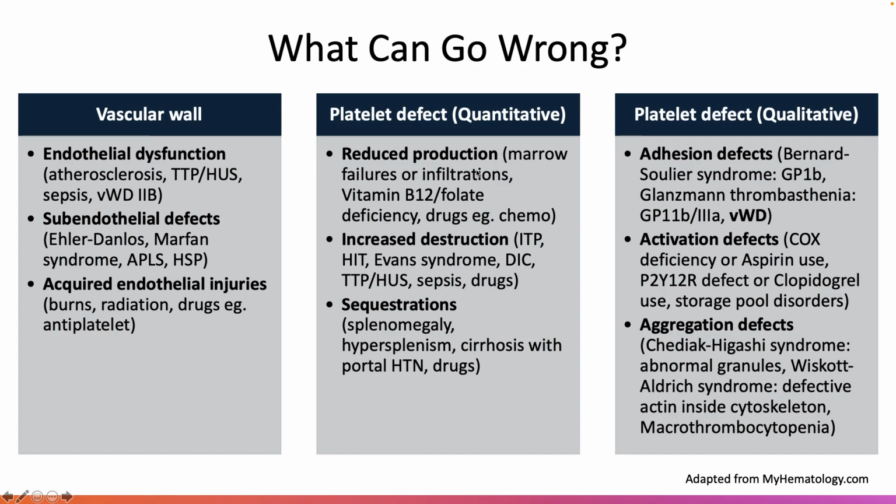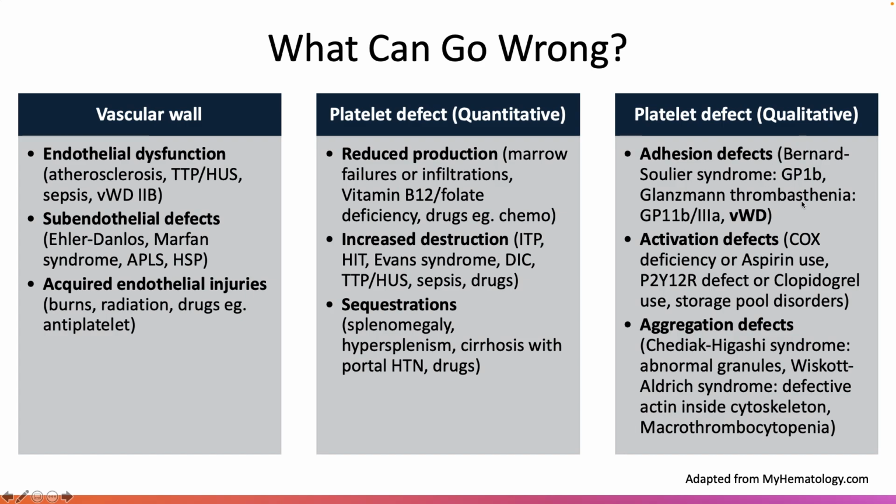It can be due to reduced production, increased destruction or sequestration, or you're talking about a qualitative platelet defect, which involves the adhesion, activation, and aggregation processes that we mentioned. Different conditions predispose to different phases of platelet defect.